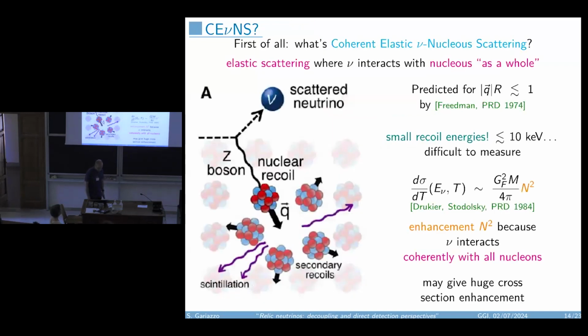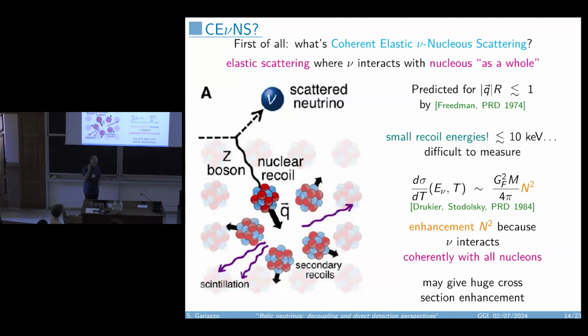In the last years, there was a lot of discussion about this process called coherent elastic neutrino nuclear scattering, which has been detected for the first time in terrestrial experiments. So the idea is that if the neutrino has a very small energy, then instead of interacting just with one nucleon at a time or one quark at a time, it sees a whole nucleus or even a bunch of nuclei in a coherent way.